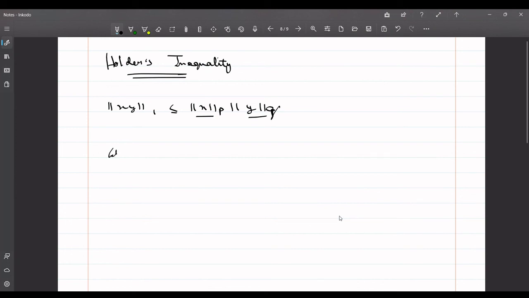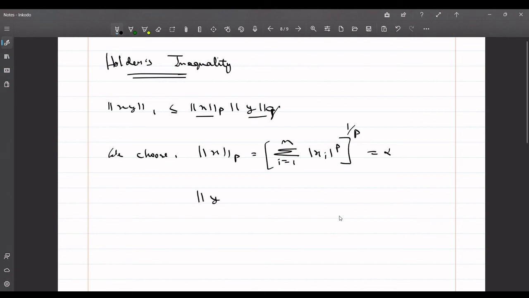So we choose the p norm of x, which is defined as the summation i equals 1 to n of |xi| to the power p, whole to the power 1 over p, equals alpha, and the q norm of y, which is given as the summation i equals 1 to n of |yi| to the power q, whole to the power 1 over q, equals beta.